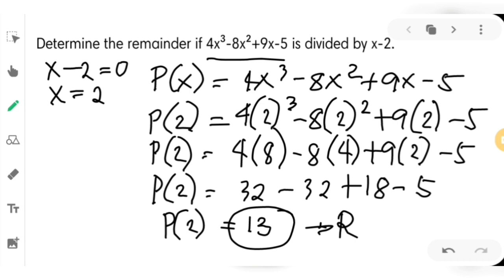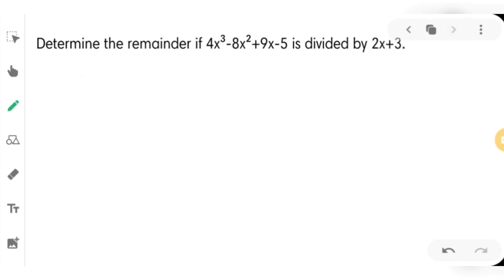Now let us proceed to the next example. Determine the remainder if 4x cubed minus 8x squared plus 9x minus 5 is divided by 2x plus 3. So we have to equate the divisor or the binomial to 0. So 2x plus 3 equals 0.